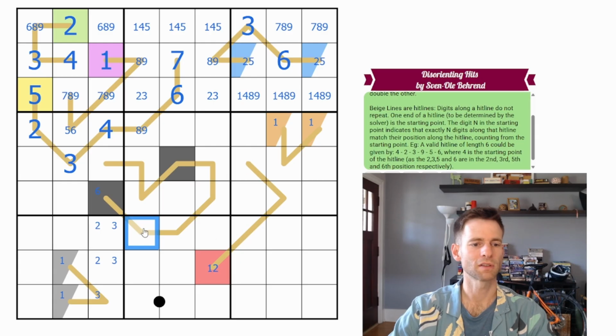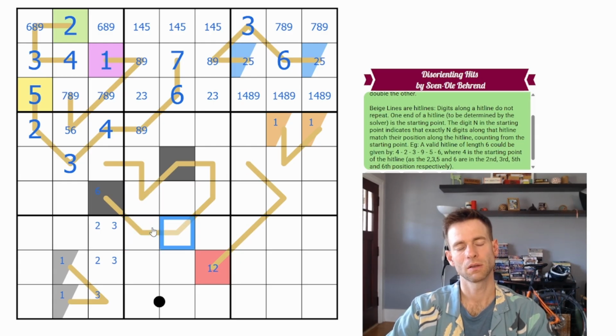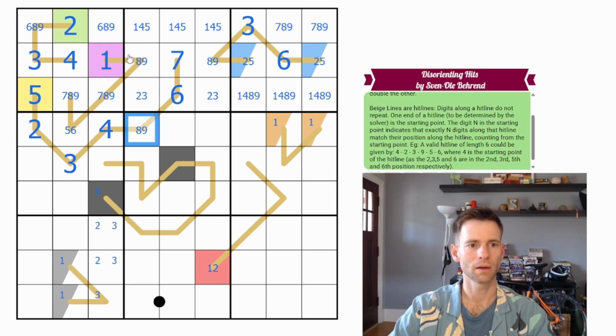Let's see what else might be missing. This could be a 2. This could be a 3. This could be a 4. This could be a 5. This couldn't be an 8 because we have an 8-9 pair here. So that one's out. Okay, so the rest would have to fit.